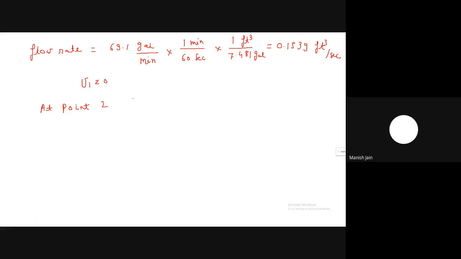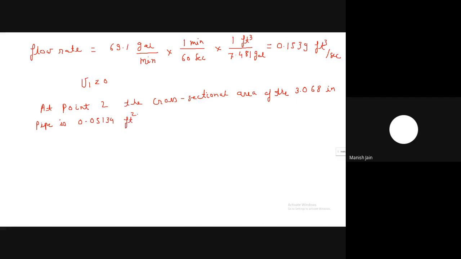The cross-sectional area of the pipe is 0.05134 feet square.